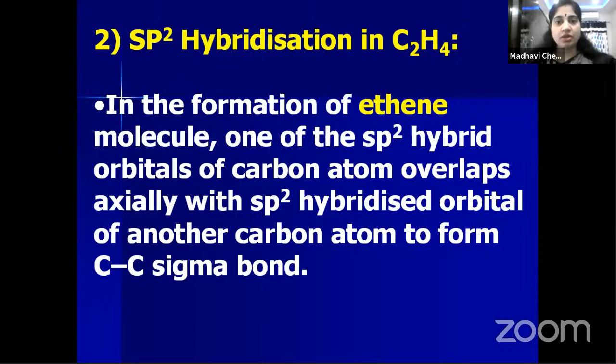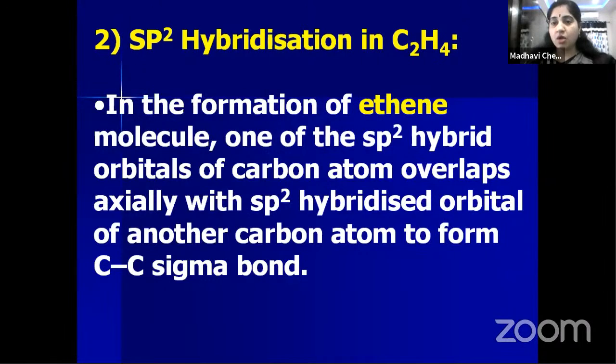Now let us see, children, the ethene molecule also has 2 carbon atoms. Each carbon undergoes sp2 hybridization and forms how many sp2 hybrid orbitals? 3 sp2 hybrid orbitals, because 1 s orbital and 2 p orbitals make a total of 3.